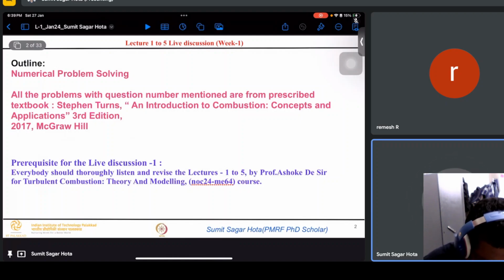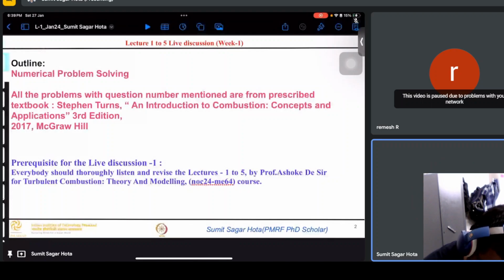If there is any other problem I will solve, I will obviously mention it. The book name is An Introduction to Combustion, Concepts and Applications, third edition, 2017, McGraw Hill, by Stephen R. Turns. First we will go for the MCQ part.